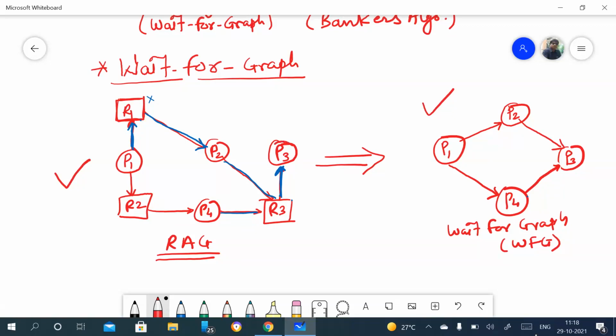So if we execute P3 first, whatever resource is held by P3, that is R2, can be used either by P2 or P4. And once either P2 or P4 gets executed, whatever resource it releases will be used by P1, right? So here a cycle is there, but we can say no deadlock.